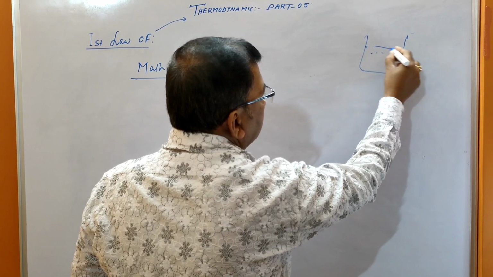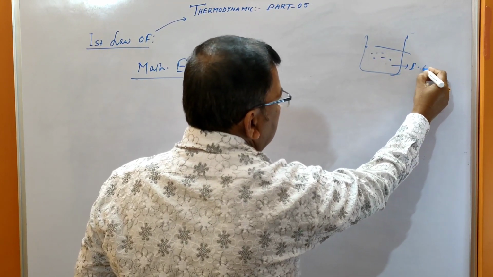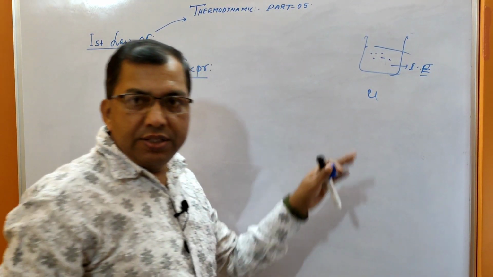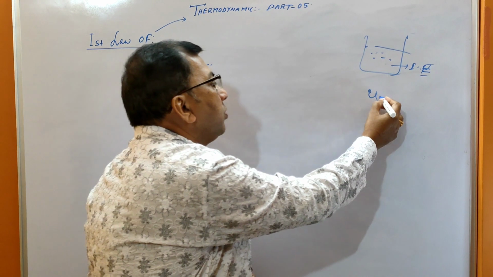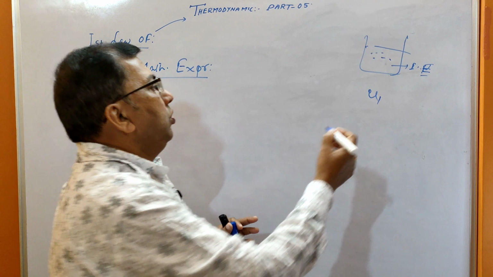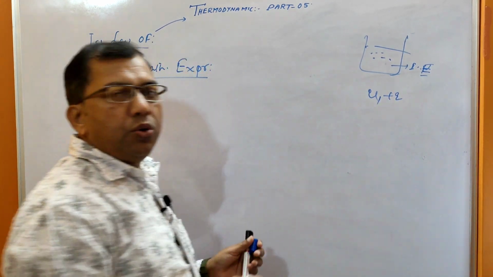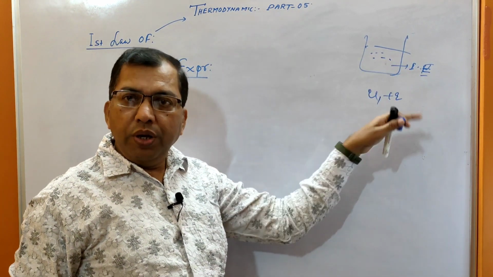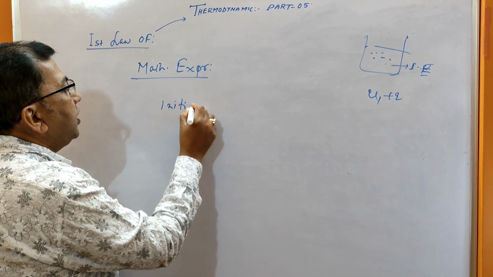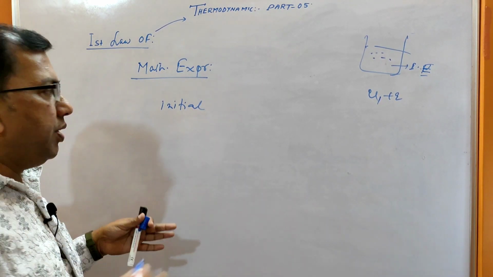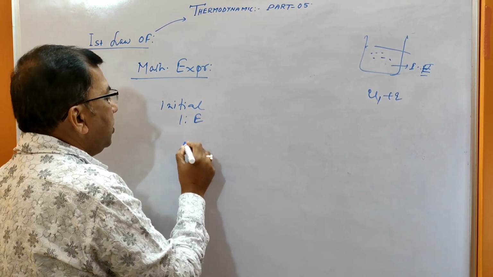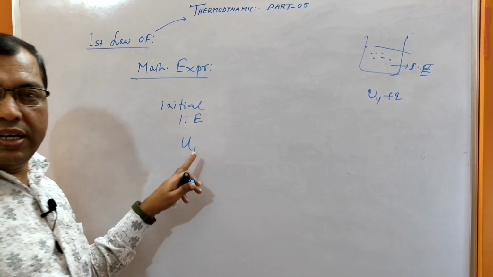Suppose U1 is the initial internal energy of the system, clear?